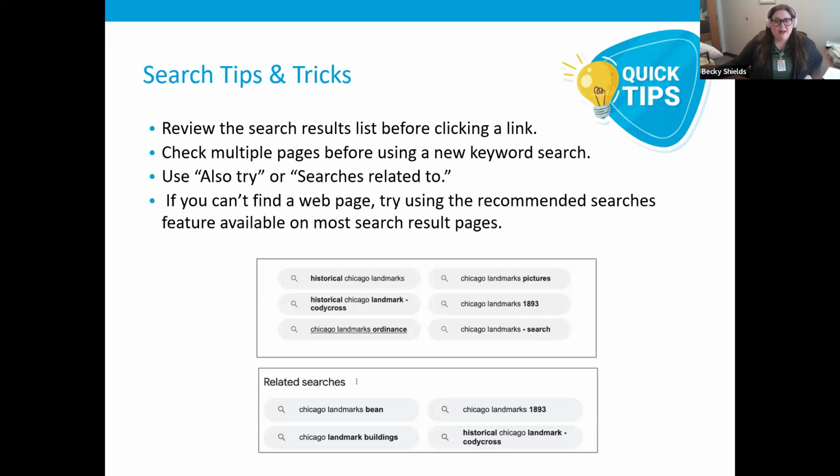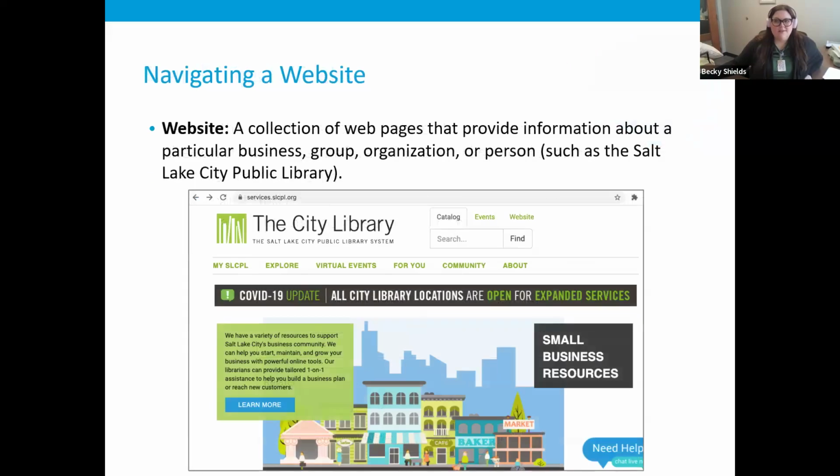With that, we're going to go ahead and talk now about navigating a website. A website is a collection of web pages that provide information about a particular business, a group, an organization, or person.